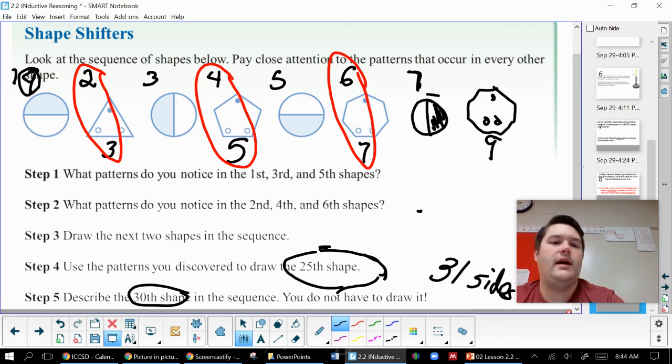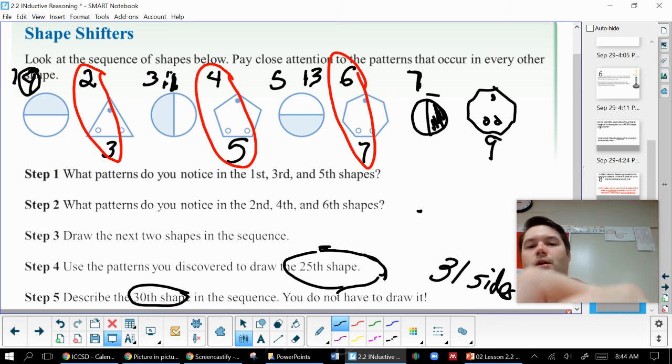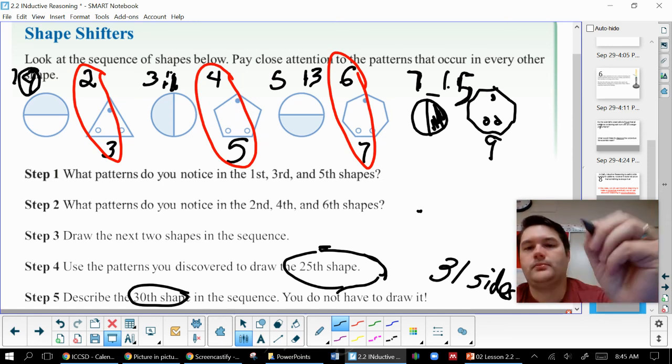So 9 looks like that. Then we've got our 11th shape that looks like that. Our 13th shape looks just like that. Our 15th shape looks exactly the same as the 7th. Only odd numbers.